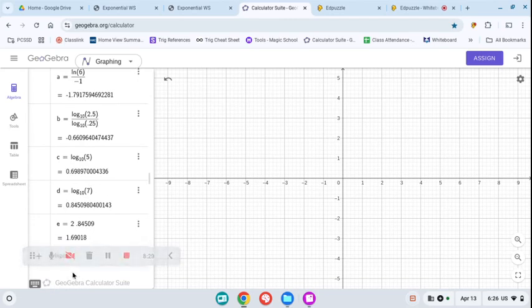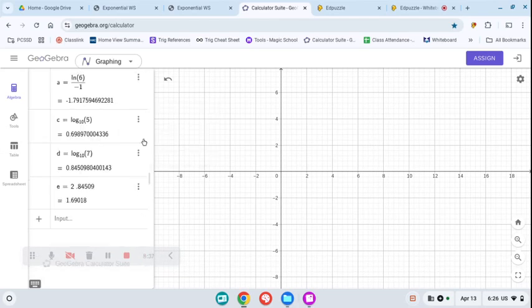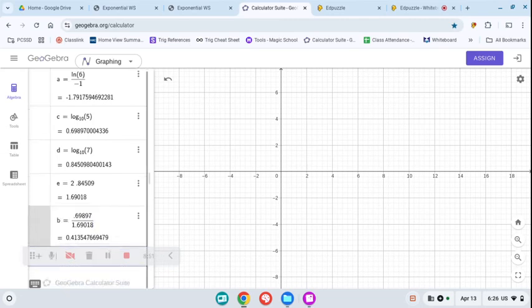Try not to forget a calculator when you are doing this. And of course, it's real mad at me. Let's delete that one so I can see it. 0.69897 divided by 1.69018. I should get 0.41, and I do.